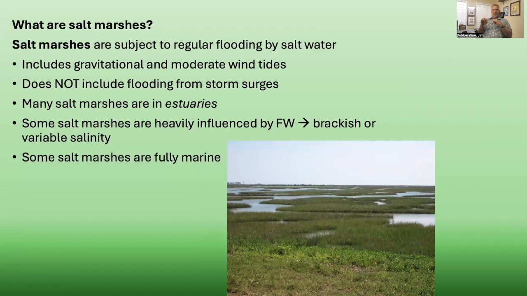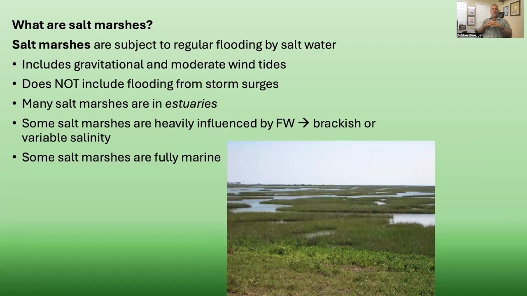Okay, storm surges are kind of a unique circumstance that are not regular in occurrence, right? Some years you might have a storm surge or two, depending on how much tropical activity there is, and other years you might have none at all. So those don't happen often enough to be a significant shaping feature for these marshes.